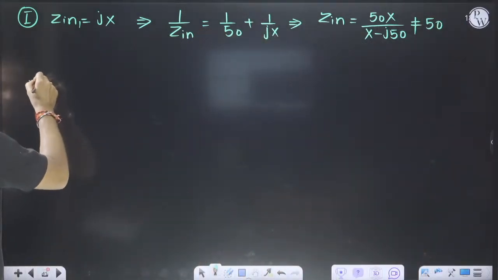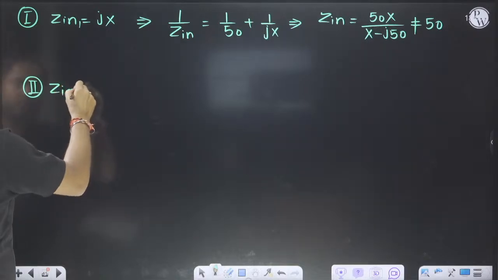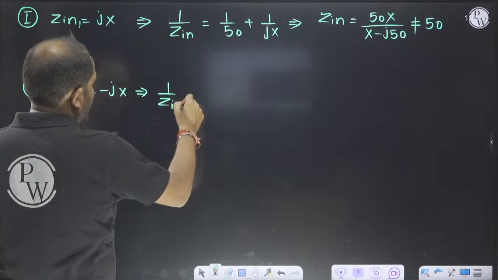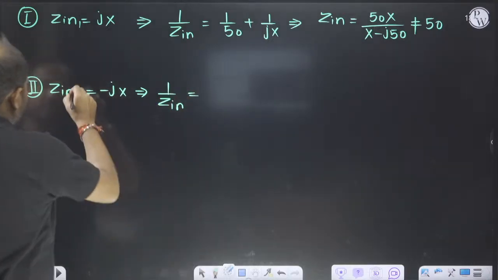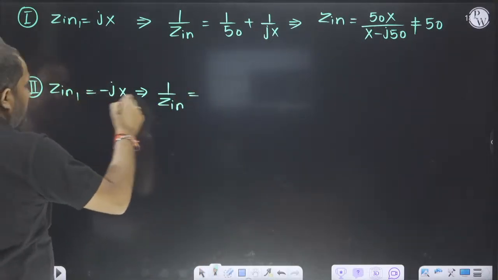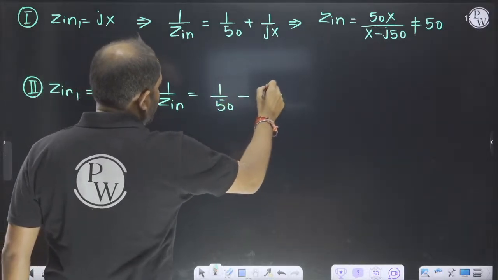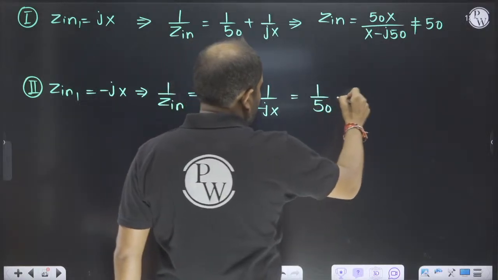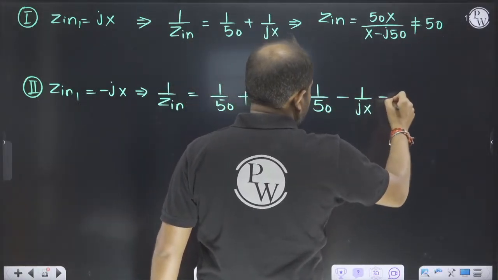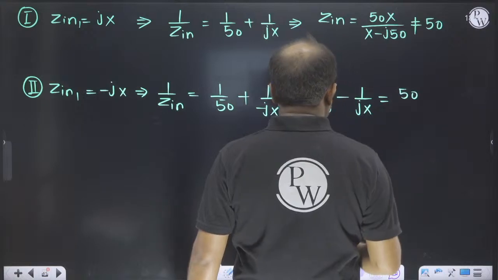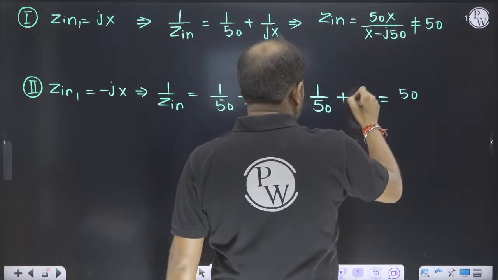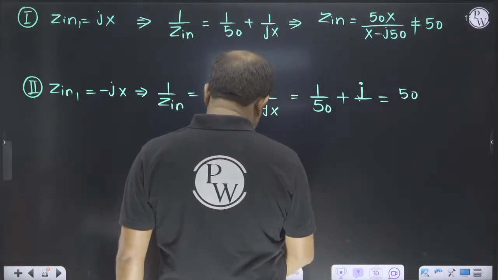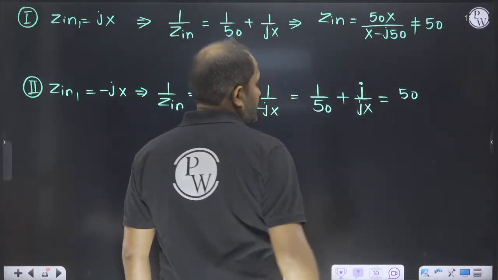Second case. Second case is Zin1 is equal to minus jx. So 1 by Zin is equal to 1 by 50 and 1 by minus jx. I will put all cases and I will see which one is correct. Because minus j goes to the top, it will be plus j.